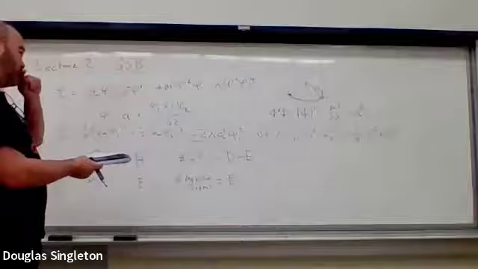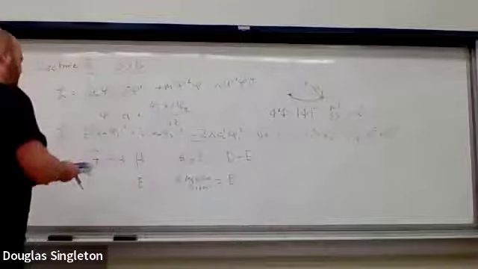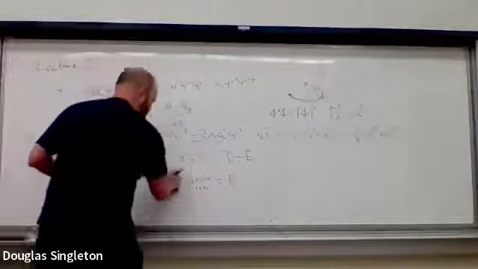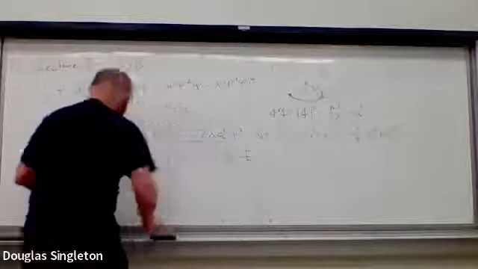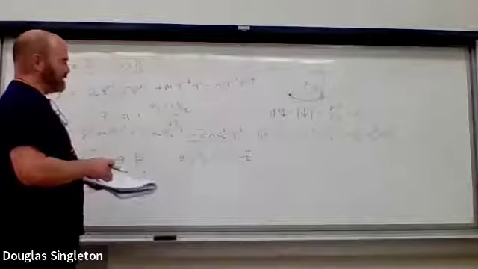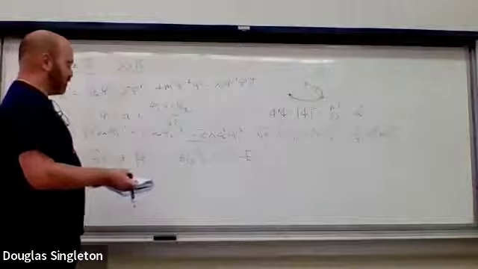We got one Goldstone boson in this case, so this is correct. And actually, we don't care how many massive bosons there are. We just care about the number of Goldstone bosons.